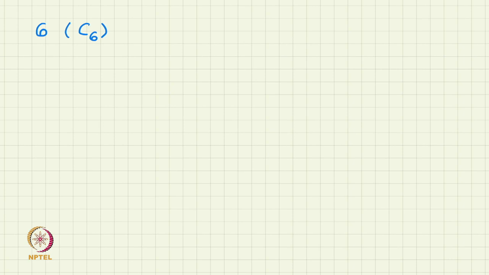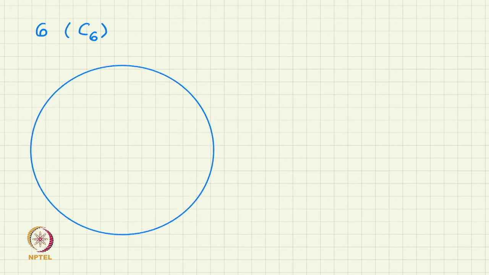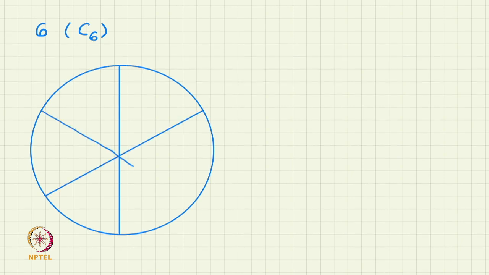So, 6 and C6, again we need 60-degree reference lines because now the rotation is 60 degrees, and if you rotate starting with a general point by 60 degrees, you generate 6 points. So, this was the identity operation. This one is a 6-fold counterclockwise rotation. So, using our convention, 6 plus.